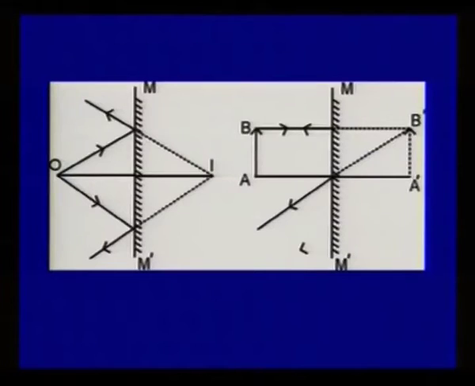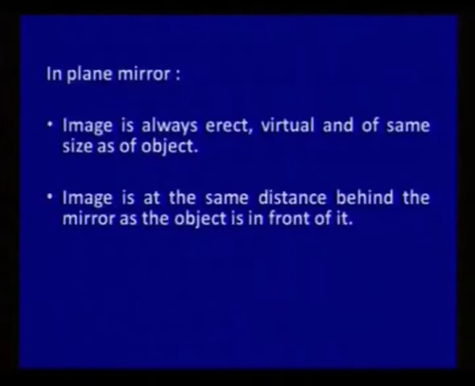Sir, one question. Can we take a photograph of a virtual image with the help of a camera? It is a very good question. We can take a photograph of the image, the object, and both image and object. Before going to the diagram, we must learn that in a plane mirror, the image is always erect, virtual, and of the same size as the object. The image is at the same distance behind the mirror as the object is from it.